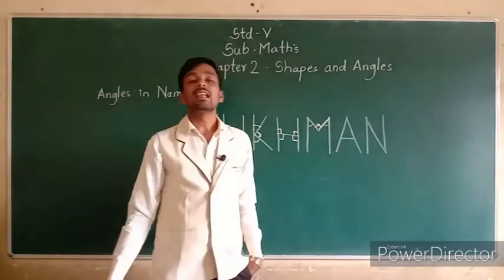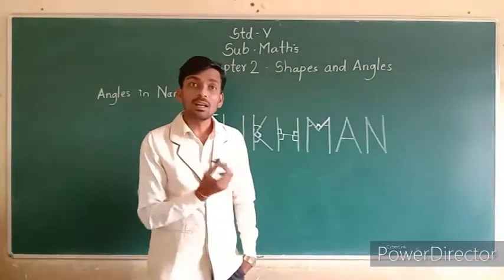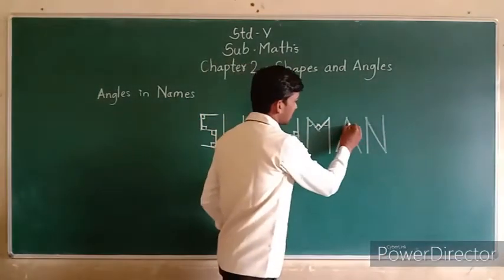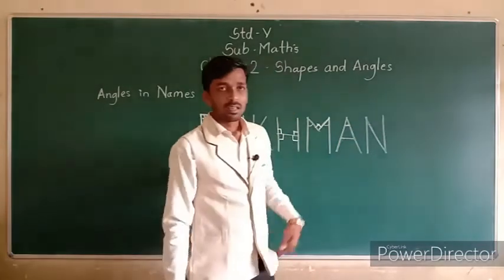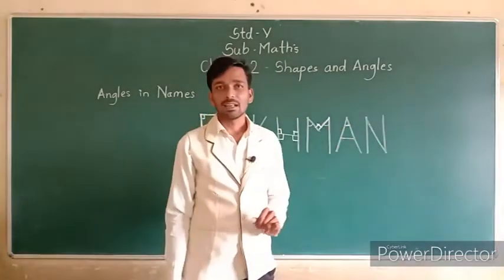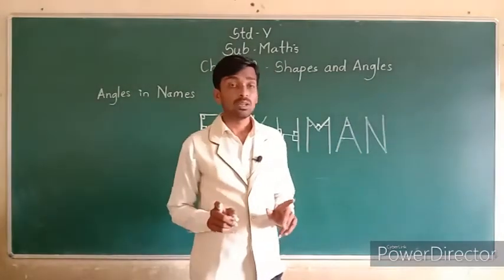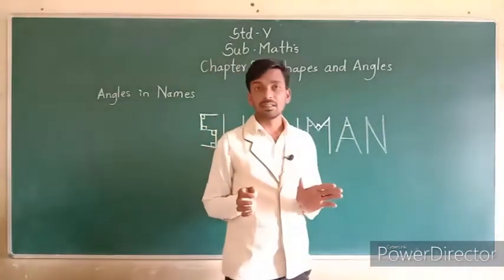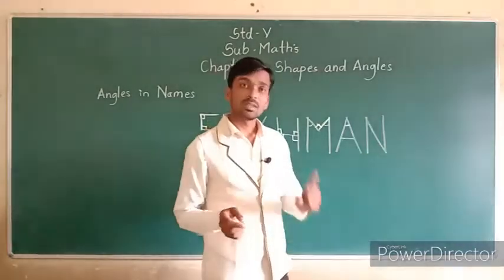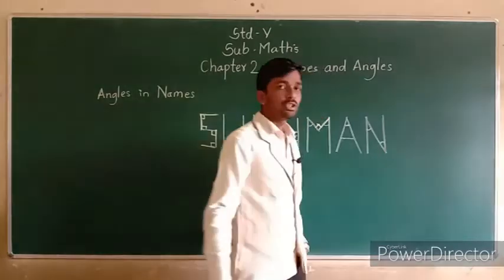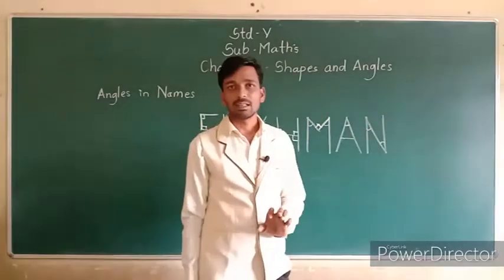These 2 are less than right angles. In A, see this one, only one. This is called a less than right angle. These two are less than right angle? No, this is not a less than right angle. Okay, in N, yes, there are two. This is 1 and this is 2. These two are less than right angles.